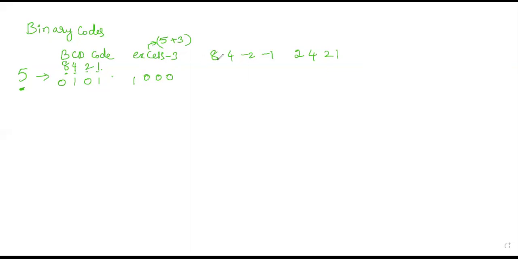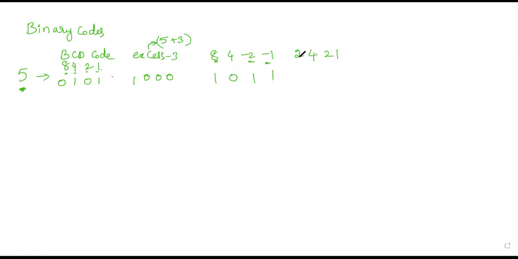Now in the 8, 4, -2, -1 code, you have these weights, and you need to find which weights add up to 5. By adding 8, minus 2, minus 1, you get 5. So it is 1, 0, 1, 1.